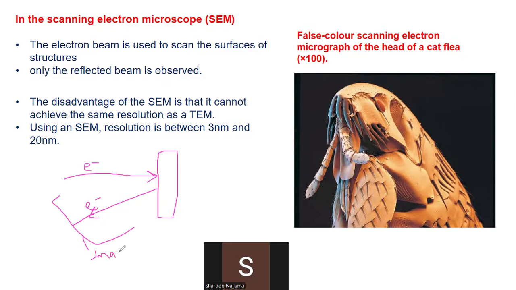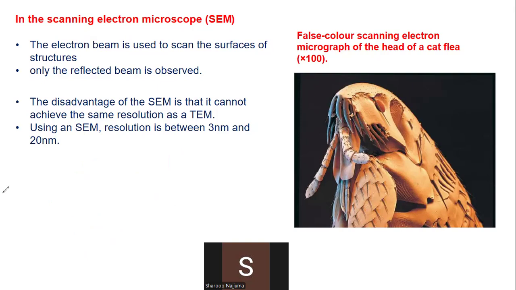Still, this will give you black and white pictures. But usually the images are false colored using a computer, maybe to make them more appealing. But the images most of the time are in black and white. So it's only the reflected beam that will fall on the screen and then an image is made. That's why it's called scanning, because it just shows you details of the surface.